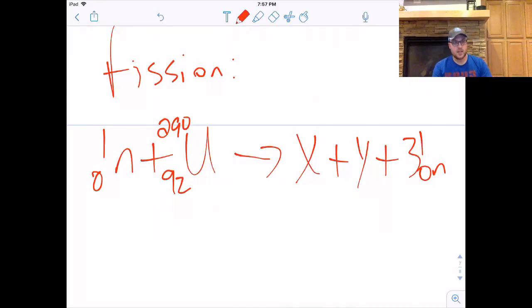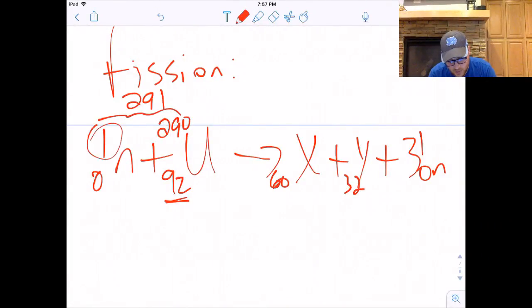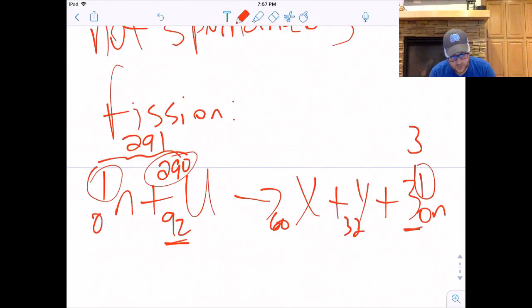So, let's just say 60 and 32. And then these have to add up to 291, because we have 1 and 290. There's 3 of these neutrons, so don't forget that, because there's 3 of them. So if that's 291, that's 3. These two combined must weigh 288.